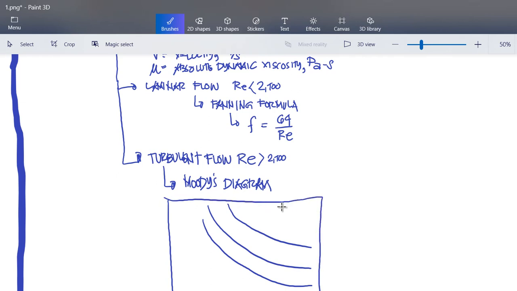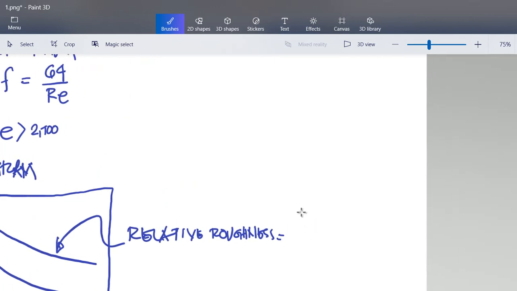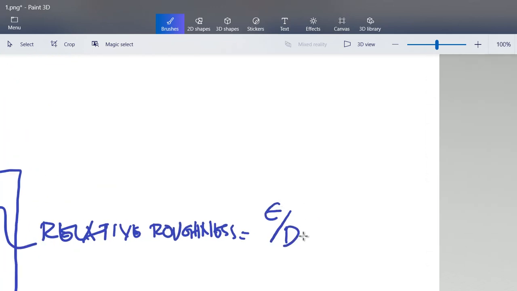Then you have here your relative roughness, which is equal to e over D, where D is the duct diameter.